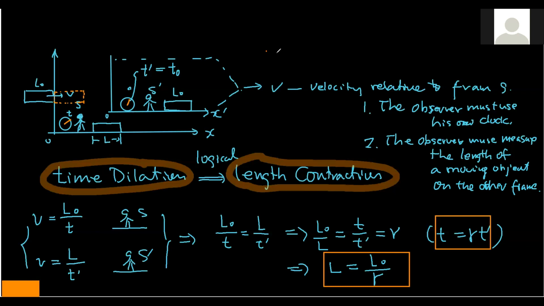Because they have to use their own clock. I just use a different color so I don't make it too crowded here. So because they have to use their own clock, this observer will use the t prime, the proper time, while this guy has to use the t, right?